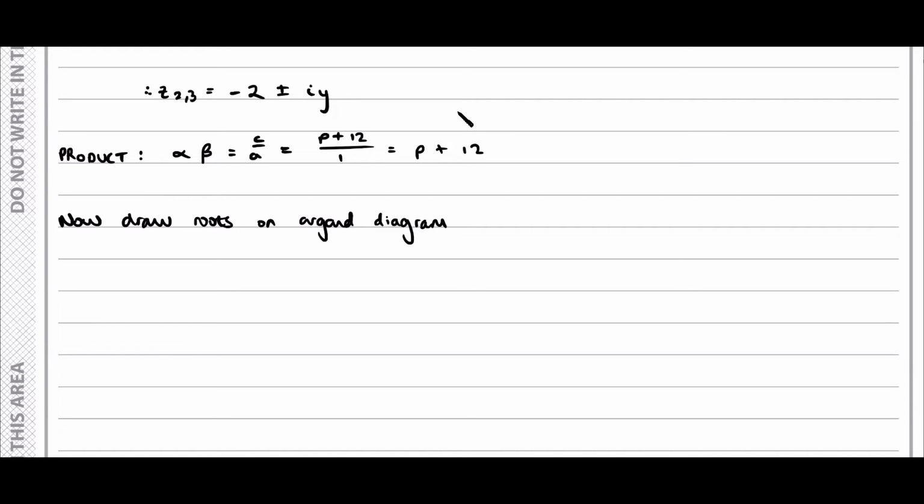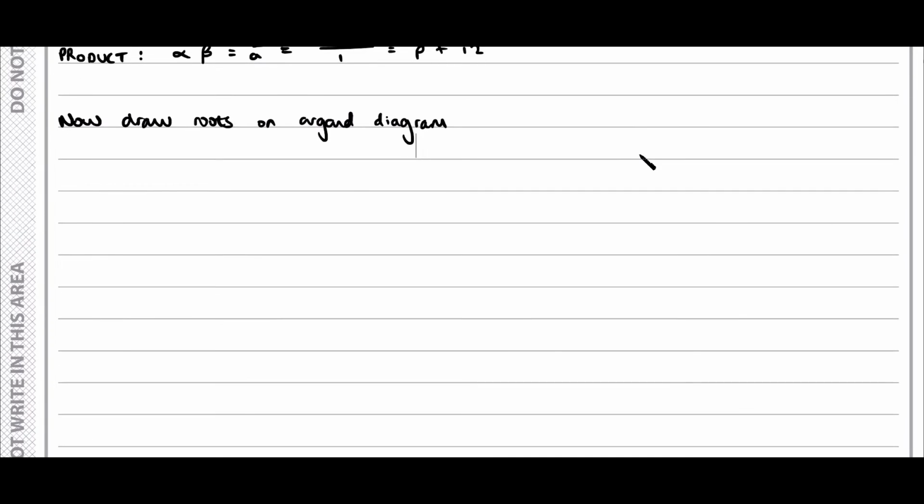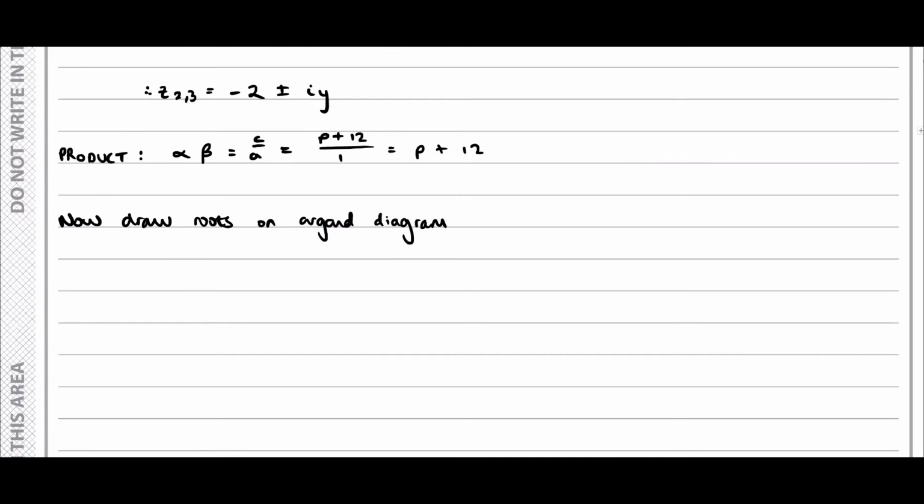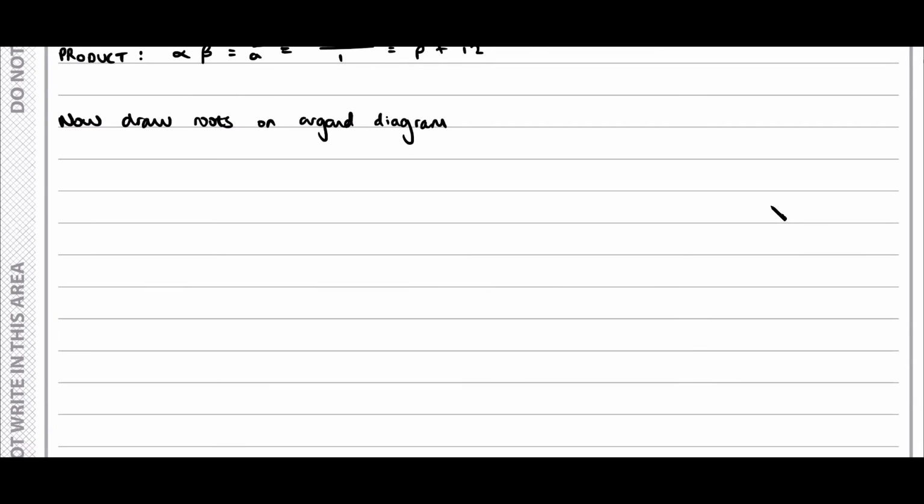If I draw a quick Argand diagram, we have something which looks like this. Okay, so we have our real axis and our imaginary axis.